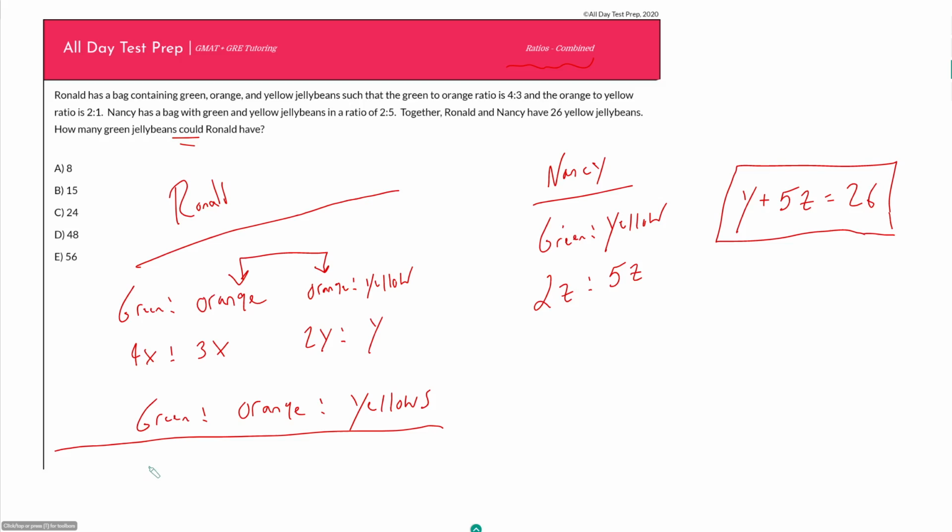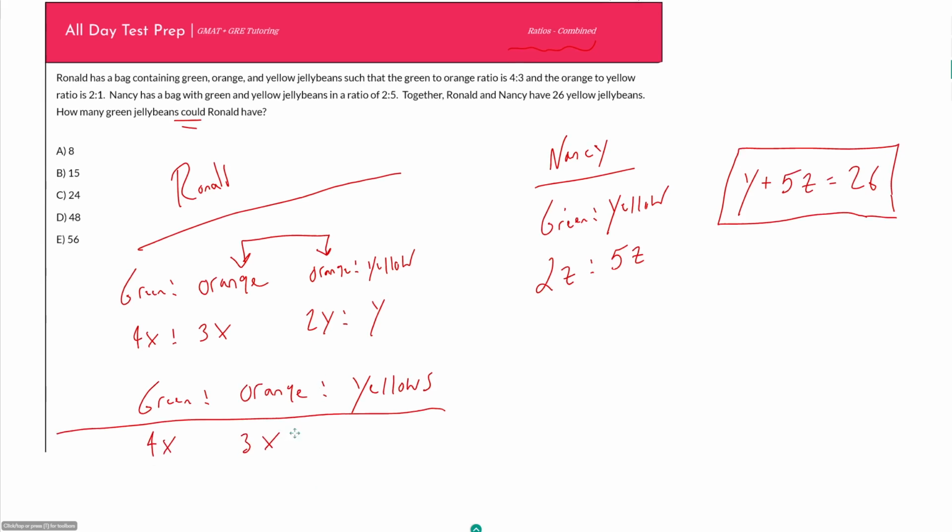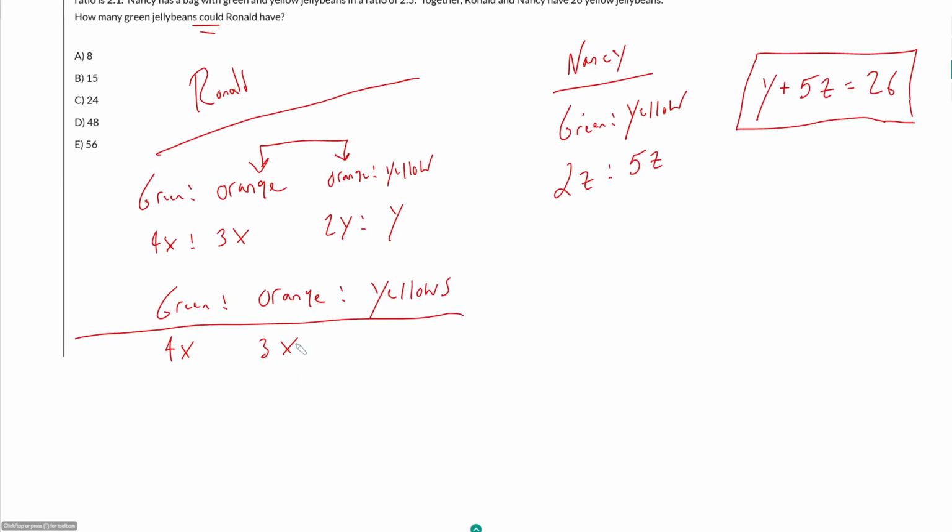So green to orange, 4x to 3x. Orange to yellow, 2y to y. And that means 3x must be equal to 2y, because the oranges are the same, regardless of whether they're being compared to the greens or the yellows.